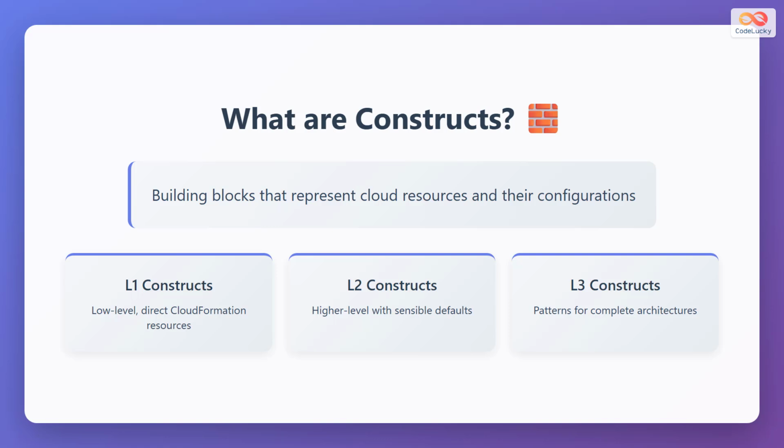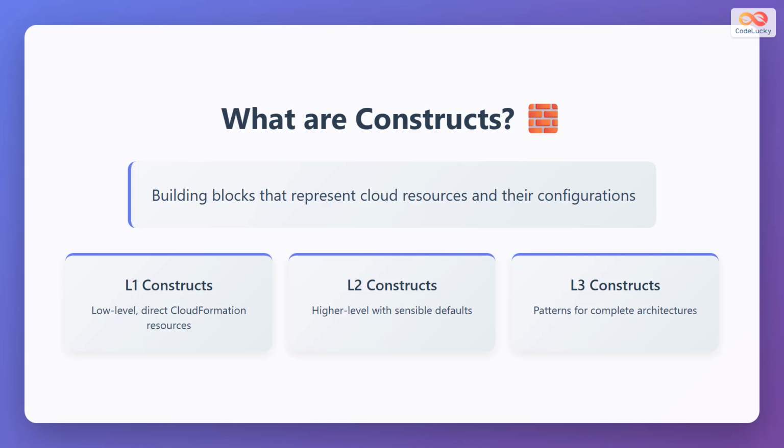Constructs are the fundamental building blocks of AWS CDK. They represent cloud resources and their configurations in an object-oriented way. CDK provides 3 levels of constructs. Level 1 constructs are low-level components that directly map to CloudFormation resources, giving you complete control with all available options.